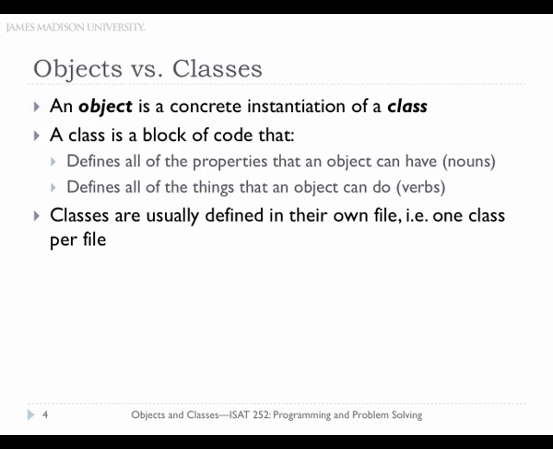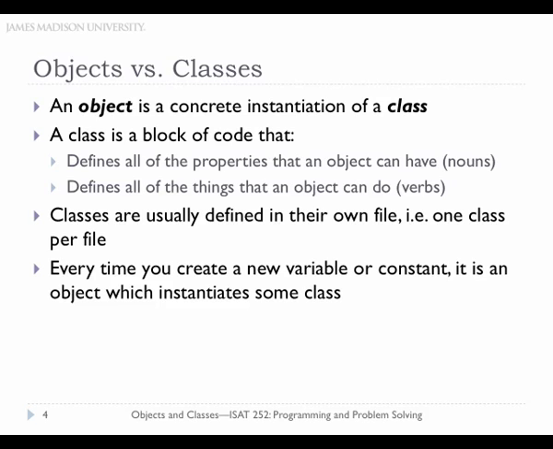Classes are typically defined in their own file. In other words, you have one class per file. And every time you create a new variable or constant, it is an object which instantiates some class. So even if it's an integer or a double or a string, one of the basic core variable data types, those instantiate the integer class, or the double class, or the string class.